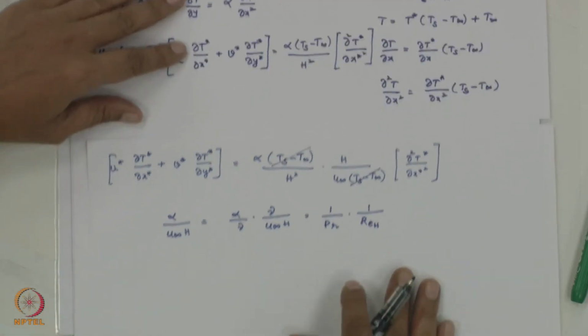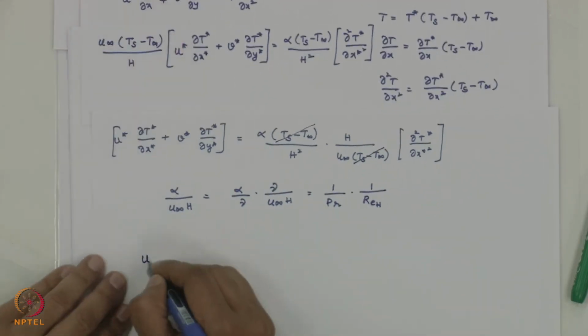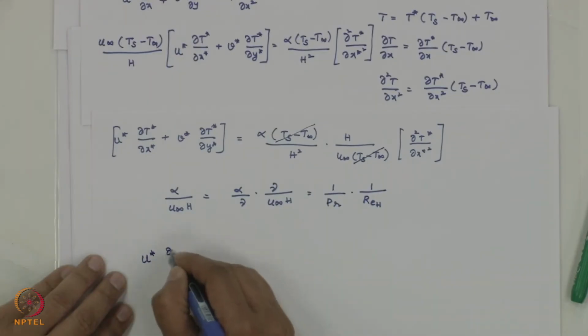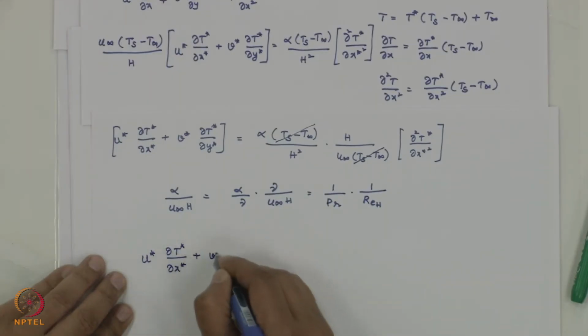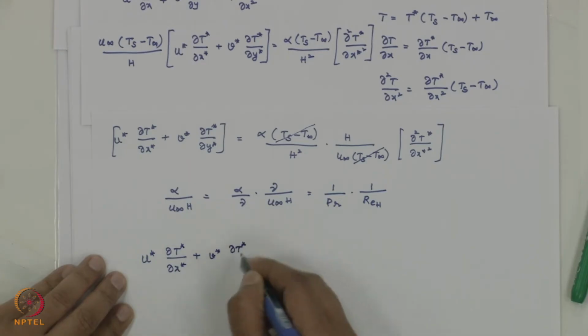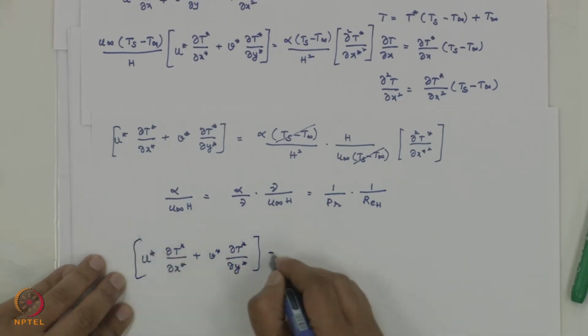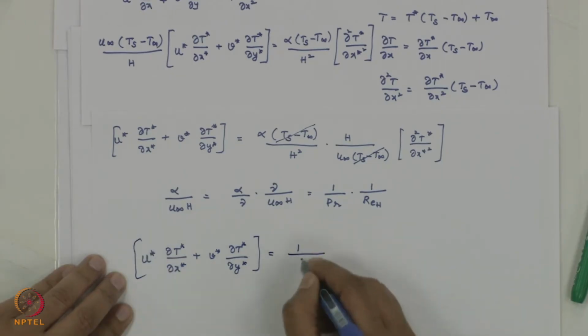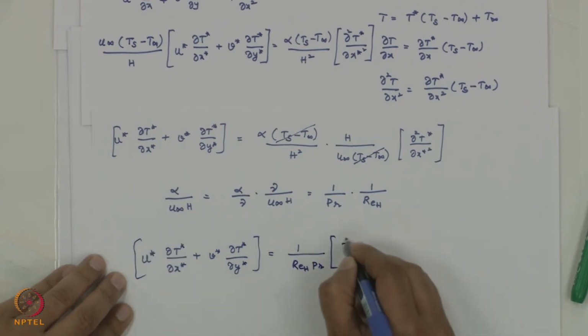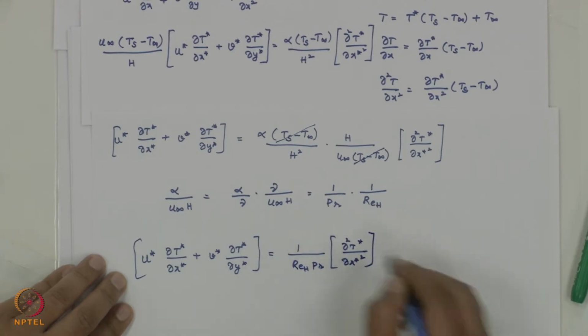So I get my energy equation as u star del t star by del x star plus v star del t star by del y star is equal to 1 upon REH into PR into del squared t star upon del x star squared.